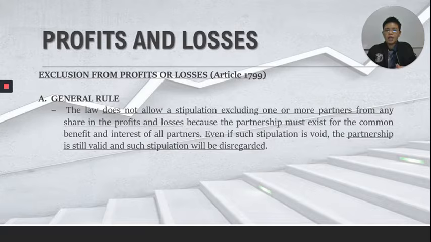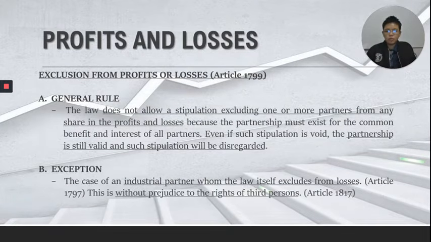So, kailangan everybody will participate in profits, everybody will participate in the losses para lahat mag-benefit, lahat mayroong interest. So, general rule, the law does not allow stipulation excluding one or more partners. But also remember, even if the stipulation is void, it will simply be disregarded and the partnership will continue as a valid partnership.